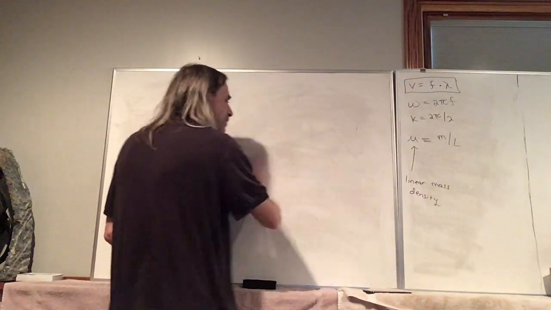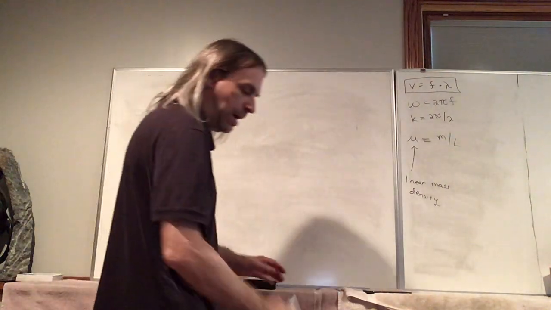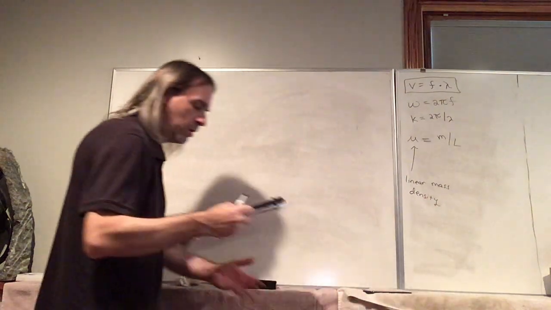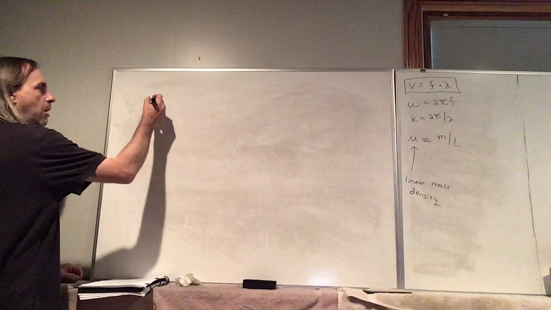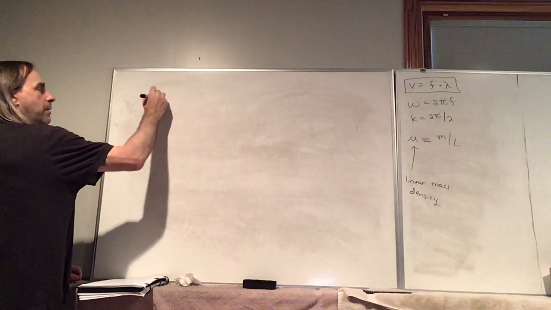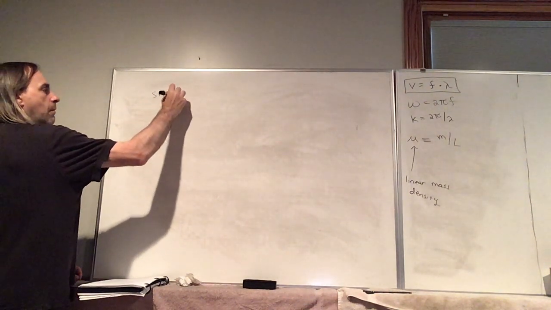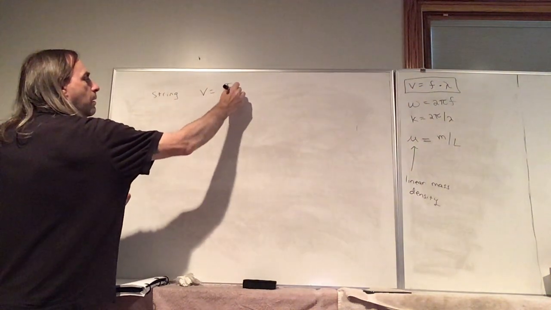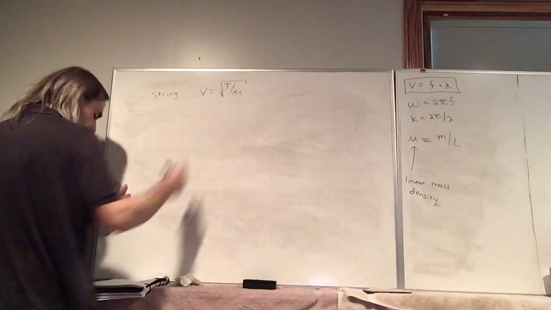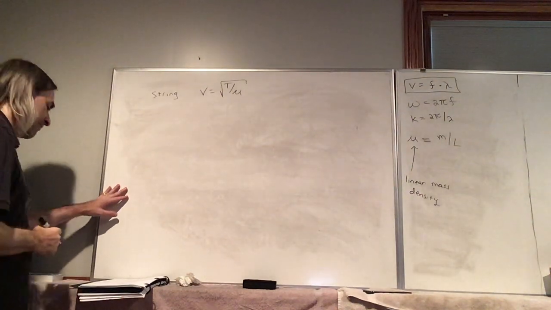Now, the other types of waves, here, I'll just show you, I'll write them down. So, wave on a string, we get this, and the next is wave in a gas.